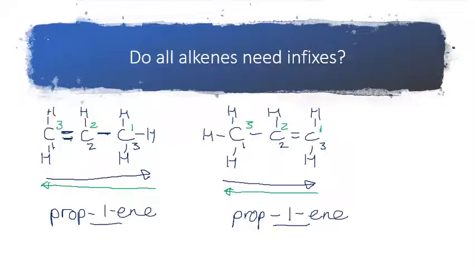So we have basically what looks to be two different molecules, but they're actually, using systematic naming, the same thing. So that's something to be aware of, that even though you're looking at something and it looks different, it could just be a mirror image of it, or it could just be that you're looking at the molecule from the front, right?